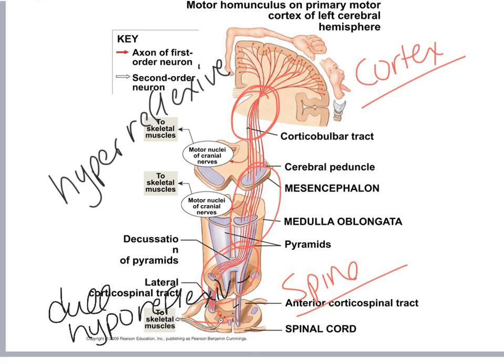So you can't get anything, no reflex at all, right? It's very hyporeflexive. Most of the time, they're going to have a little bit of both. So maybe their upper extremity is hyperreflexive and their lower extremity is hypo, and there's no reflex at all, okay? Okay, so that's it. We already talked about the basal nuclei and the cerebellum, so I'm not going to go into that.